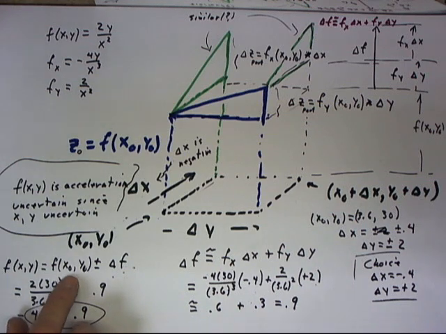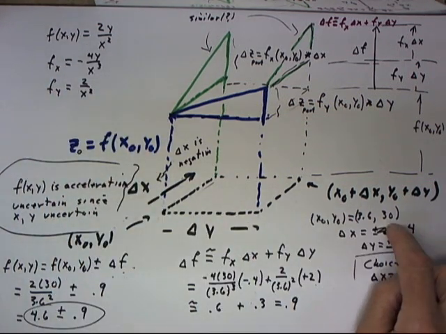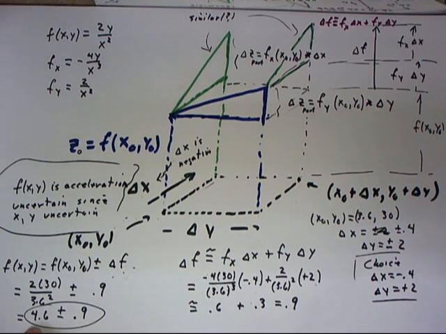Now we evaluate f at x naught and y naught. Here's our function. We plug our x and y values in, and I think we get something close to 4.6. Again, this is something you should figure out for yourself. There's plenty of evidence coming up that my calculations aren't particularly accurate in this case.